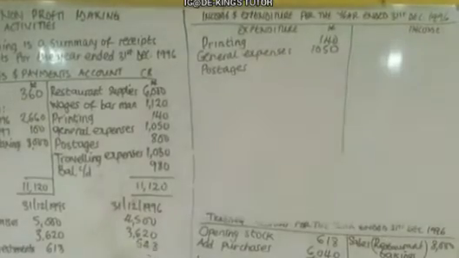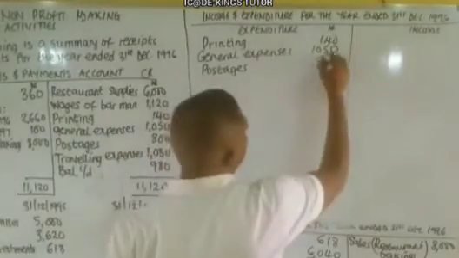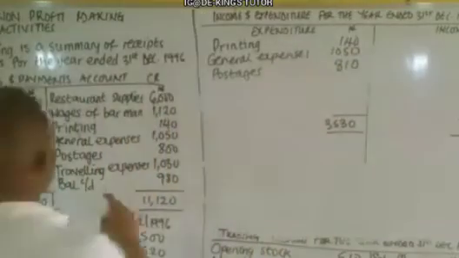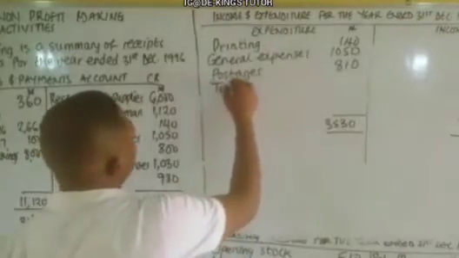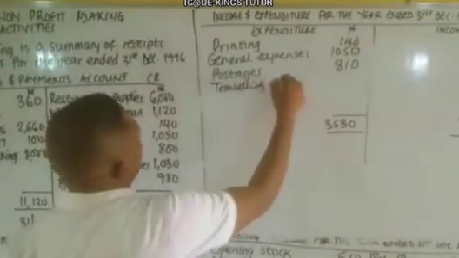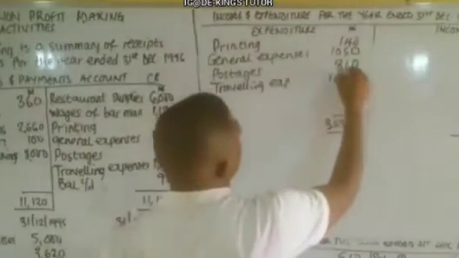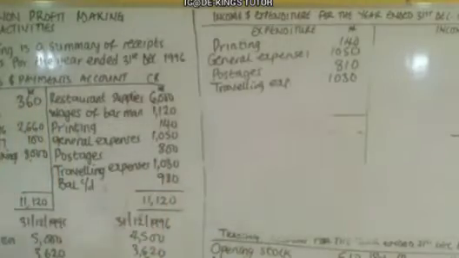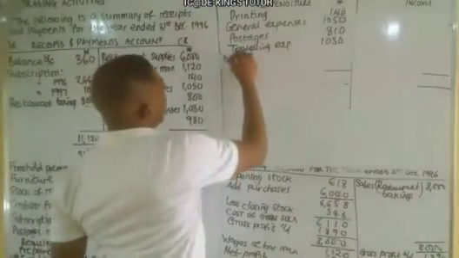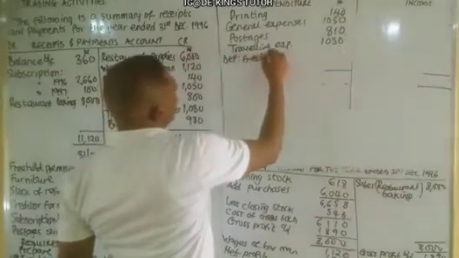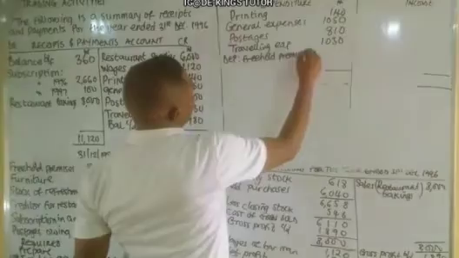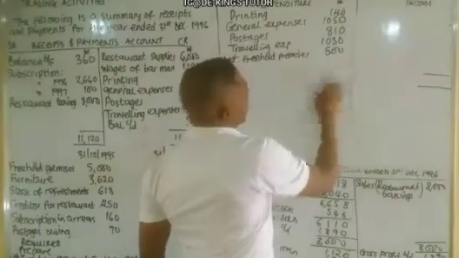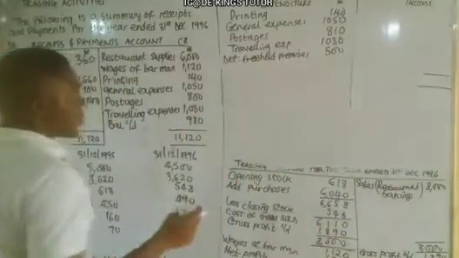So our balance there is supposed to be 810, and the other expenses there, traveling expenses is 1030. Okay, and we'll check. We have depreciation. Remember that for our freehold premises. Okay, depreciation of 500.